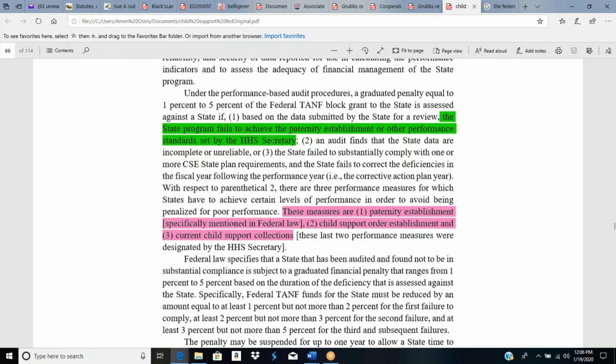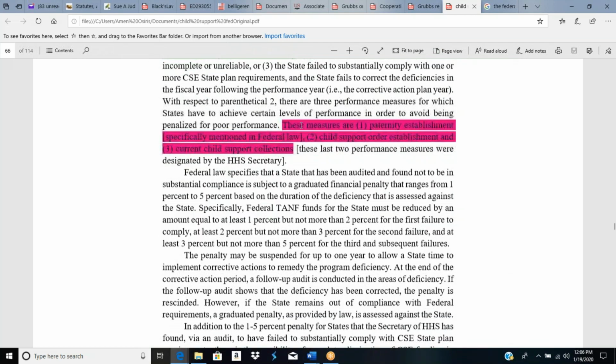That's Alex Azar. So if they don't establish a certain amount of paternities, these measures are paternity establishment, specifically mentioned in federal law, child support order establishment, and collections. These are the 3 quotas that they must meet.